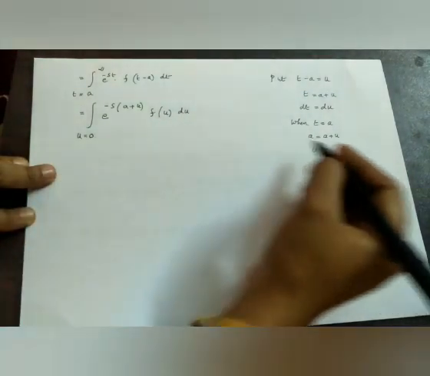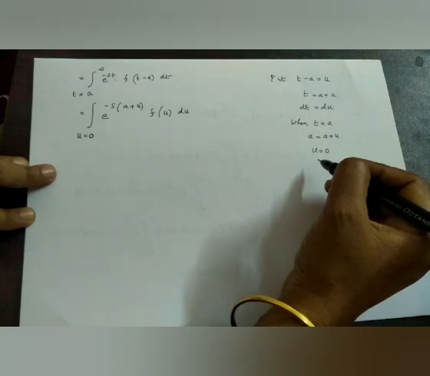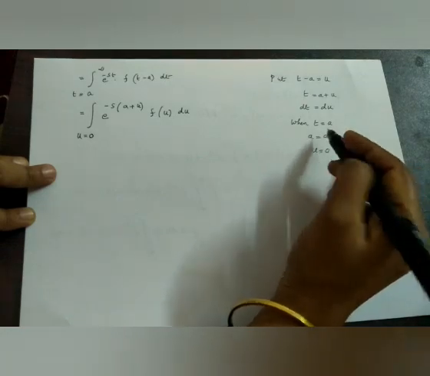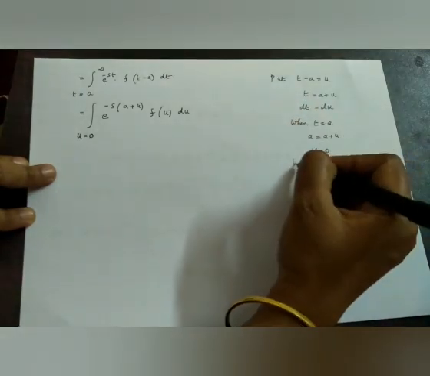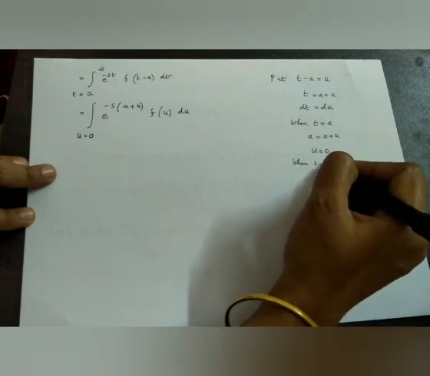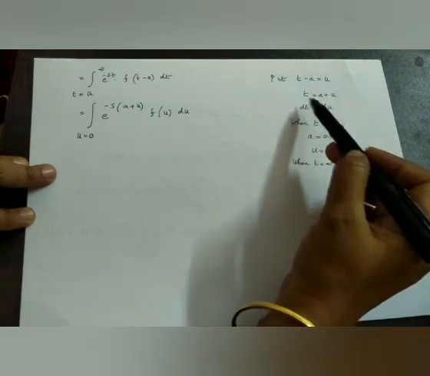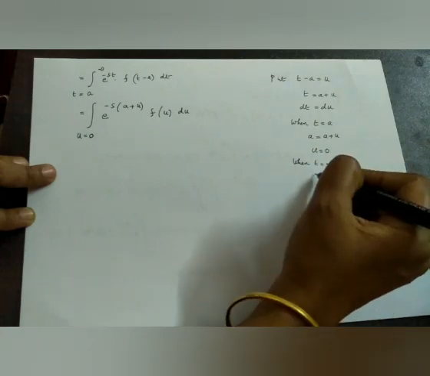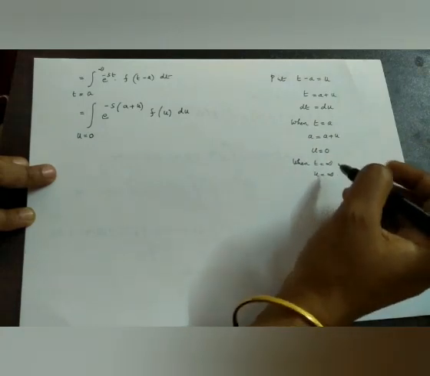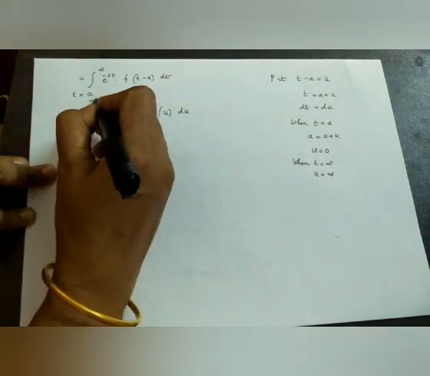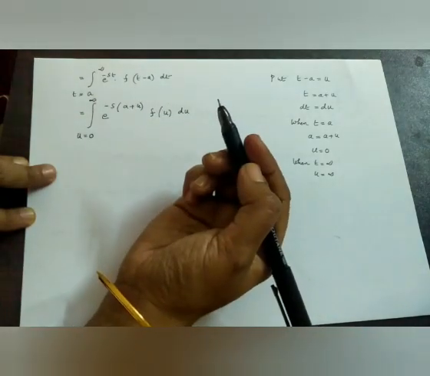It becomes u equal to 0. Now what about the upper limit when t equal to infinity? When t equal to infinity, infinity is equal to a plus u. That means u becomes equal to infinity. Therefore, the upper limit becomes equal to infinity.